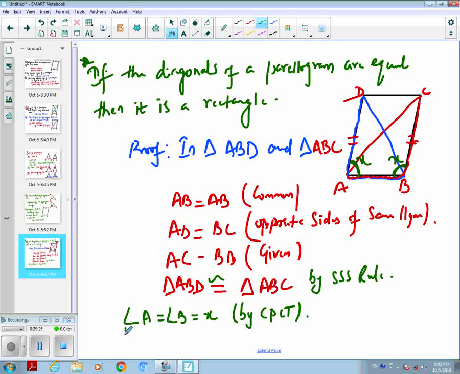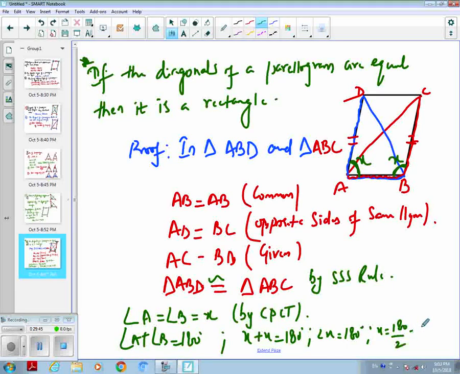So, angle A plus angle B is equal to 180 degree, or X plus X is equal to 180 degree. 2X is equal to 180 degree, or X is equal to 180 divided by 2, that is 90 degree.